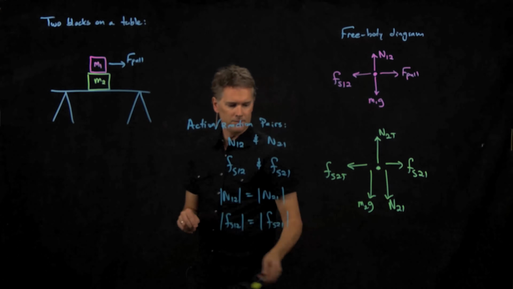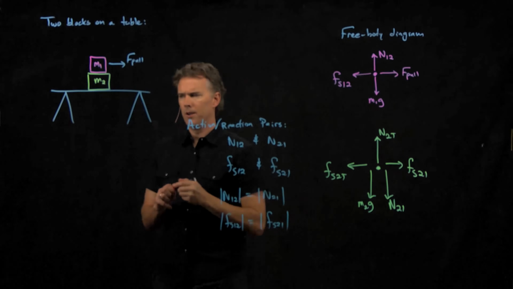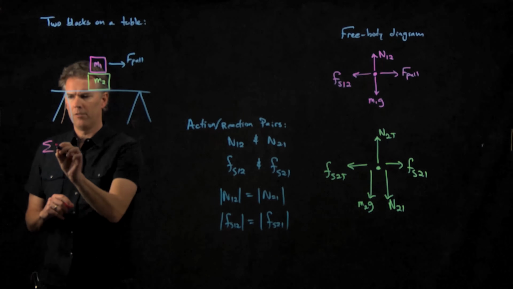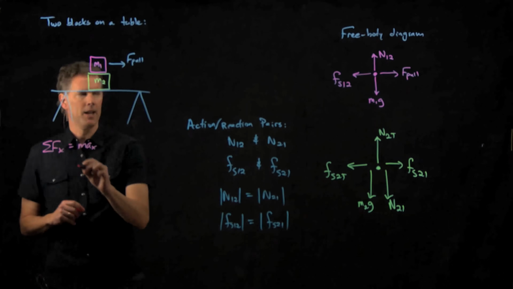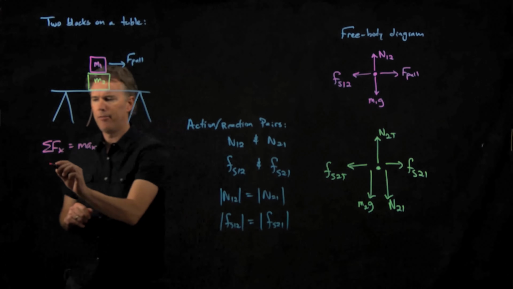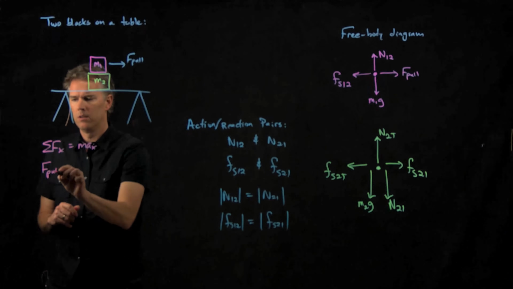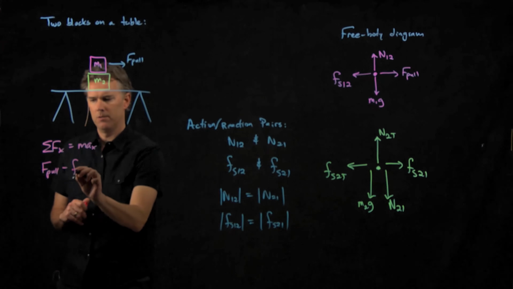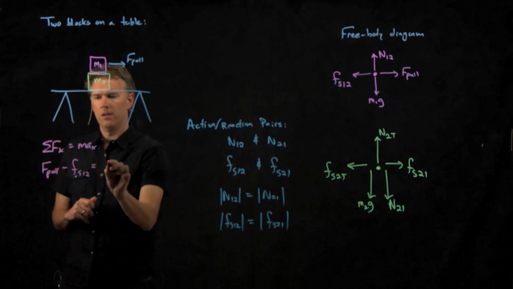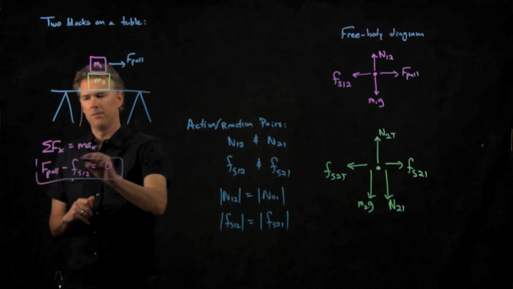So let's do that. We've got number 1, sum of the forces in the x direction is equal to the mass times the acceleration in the x direction. F pull minus Fs12 is equal to 0. The whole thing's at rest.